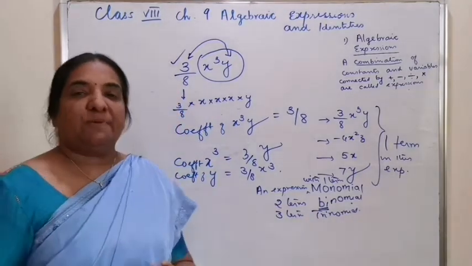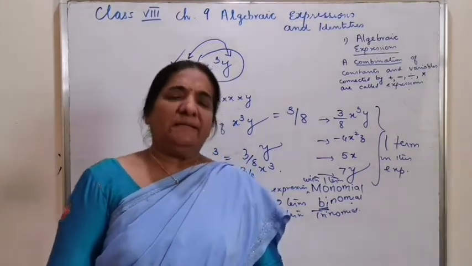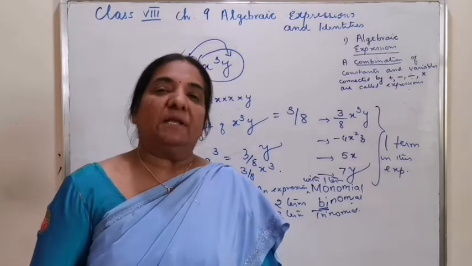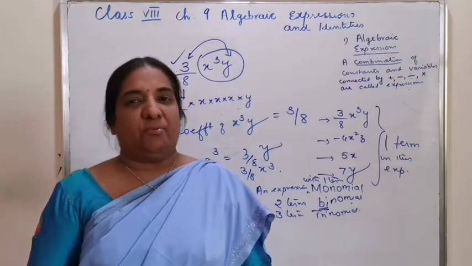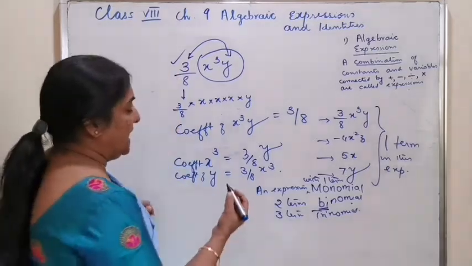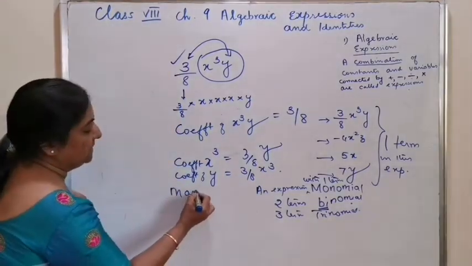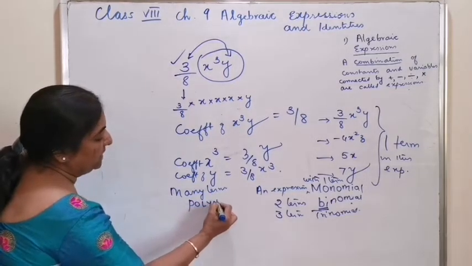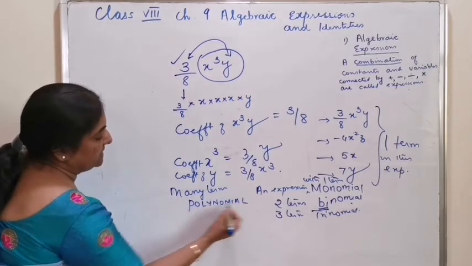So, an algebraic expression which has only one term is called a monomial, 2 terms a binomial, and 3 terms a trinomial. And if it has many terms, it's called a polynomial. Poly represents many.